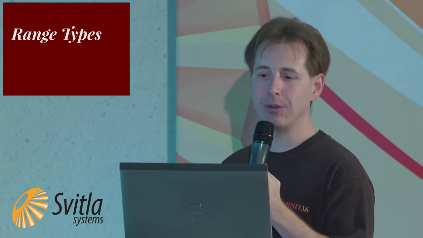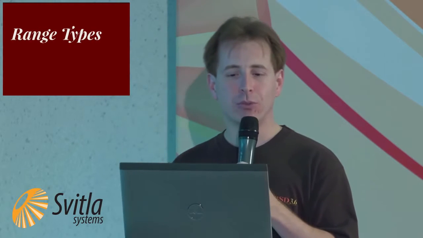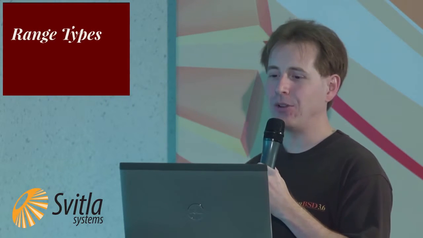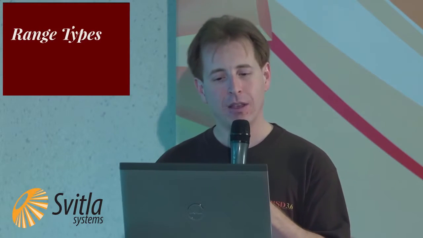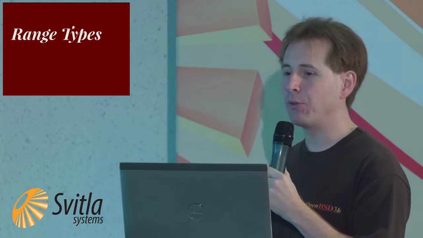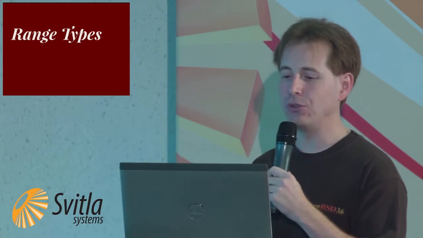Range types in Postgres are similar to Ruby ranges, but they are a little bit more flexible. For example, Postgres ranges can be unbounded on either end, and they allow for exclusive beginnings, which Ruby does not allow. Postgres has built-in support for numeric, date, and timestamp ranges, and it also allows you to define your own custom range types.